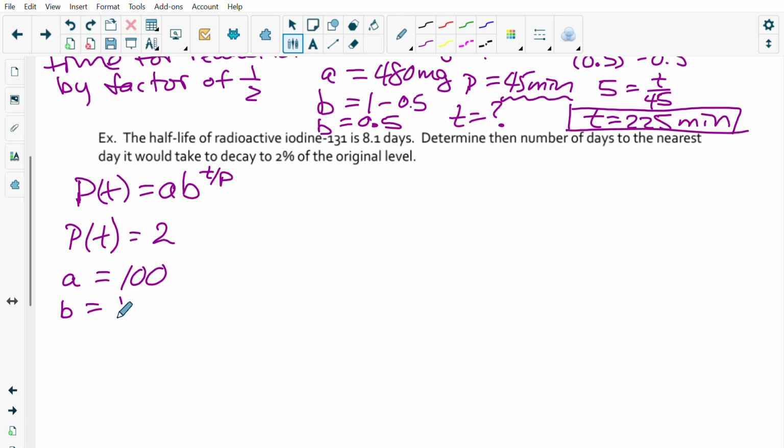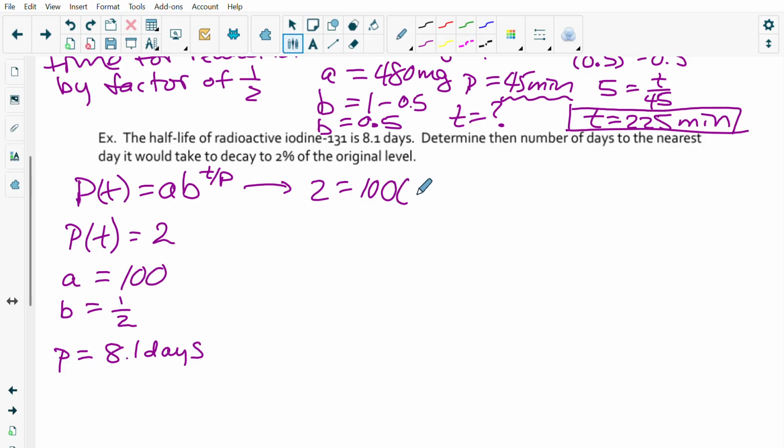So the B value, we're talking half-life, right? So the B value would be 1/2. And then half-life, so the P value is 8.1 days. Okay, so let's fill in our equation here.